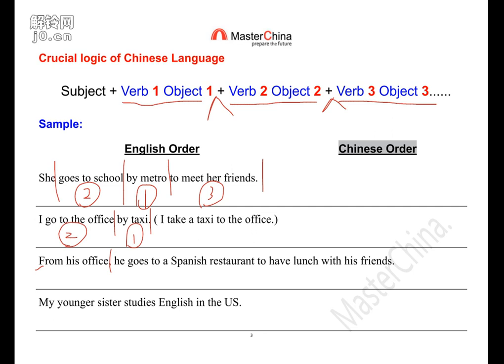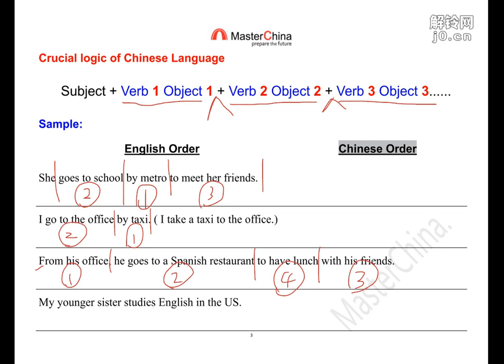From his office, he goes to Spanish restaurant and has lunch with friend. So I think we need to start from the office. So that's action 1. Then go to restaurant. Third, meet my friend there. And have lunch, finally, in the end. Do you agree?